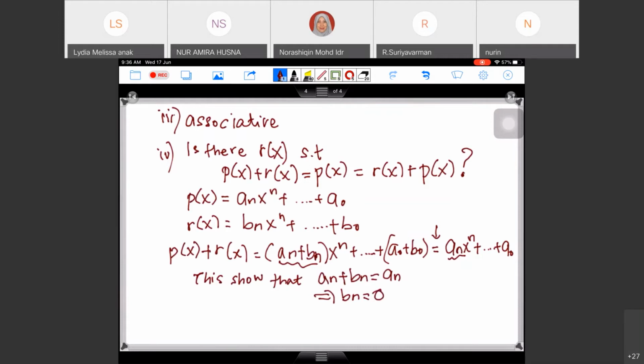That's right. And we have A naught plus B naught equals A naught, hence B naught equals 0. So Rx must be of the form 0x to the n plus 0x to the n minus 1 plus and so on plus 0, that is equal to 0.